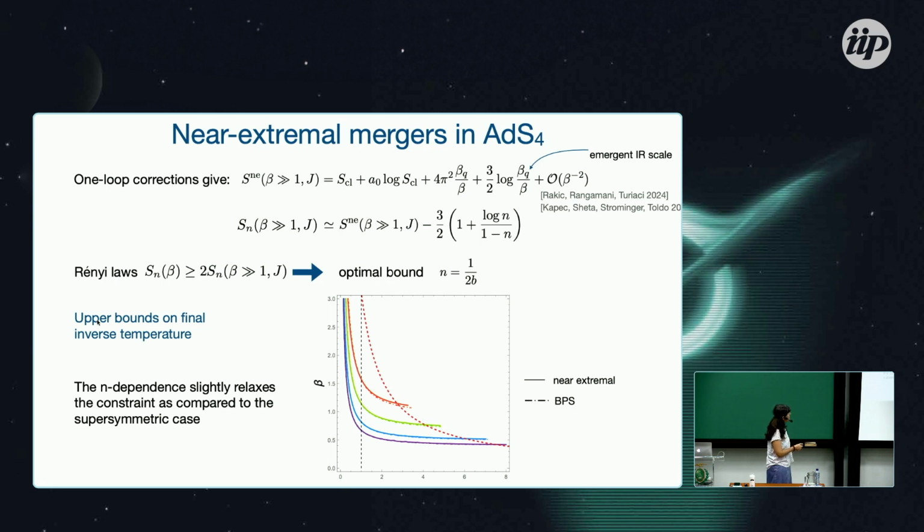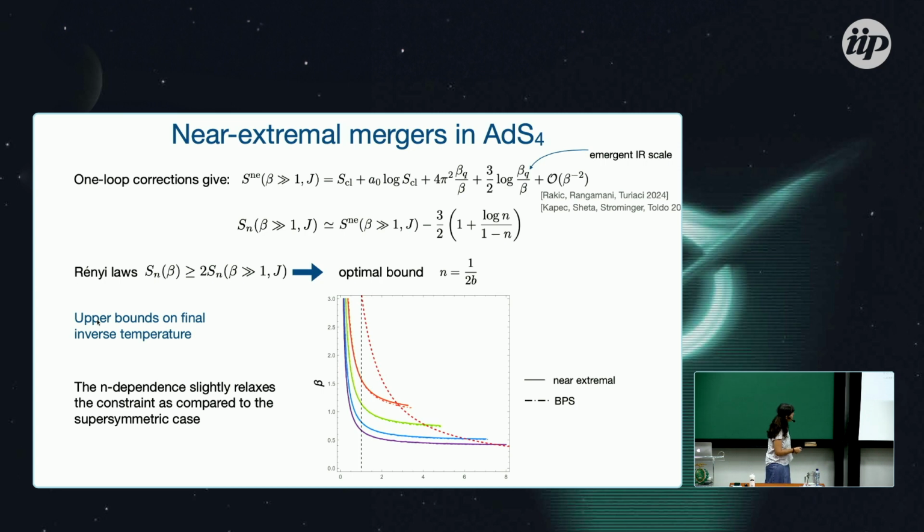So the effect of this correction is essentially to lift that zero temperature degeneracy of the Renyi entropies by a factor which is n-dependent but temperature independent. And then if one relooks at the bounds, the effect of this correction is essentially to relax the constraints a bit as compared to the supersymmetric case.